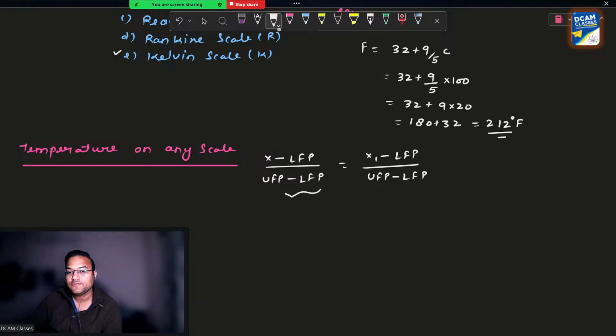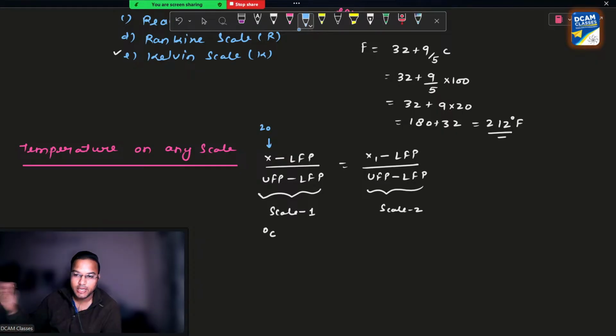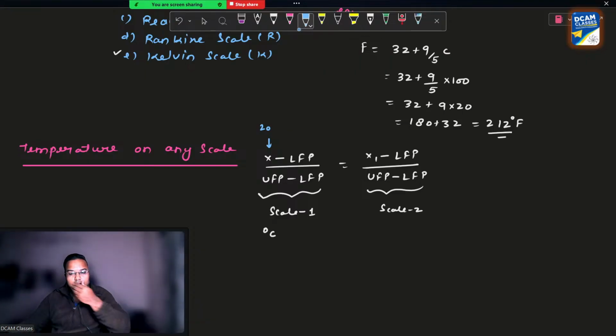This is for scale 1, this is for scale 2. Suppose scale 1 is degrees Celsius, and the given temperature is 20 degrees Celsius. You have to convert it into another scale whose lower fixed point and upper fixed point you know. The lower fixed point is the freezing point, and the upper fixed point is the boiling point.